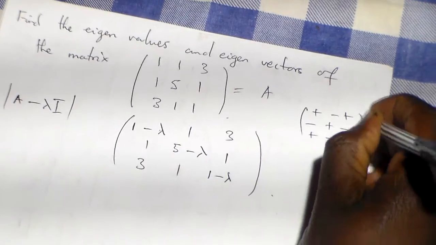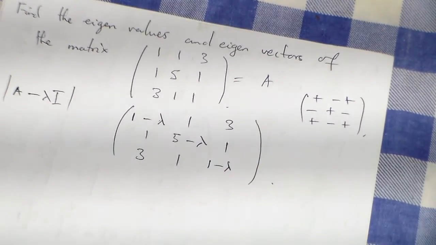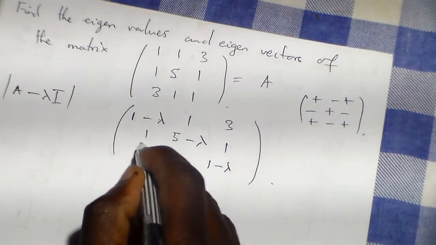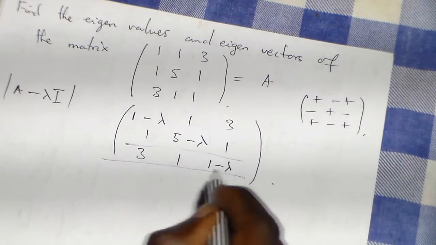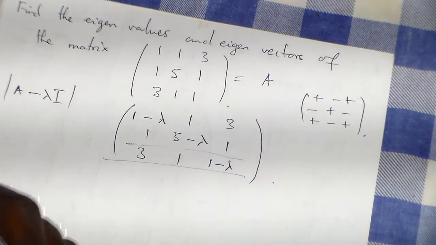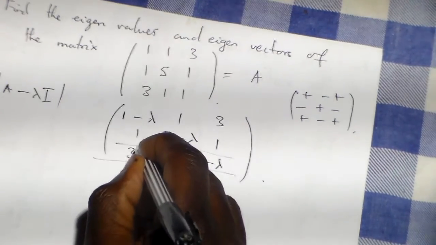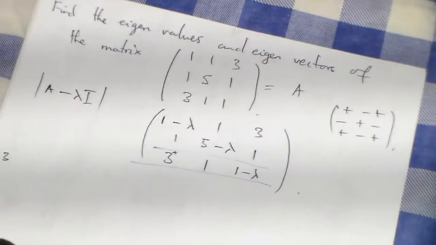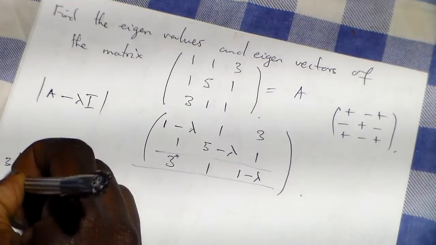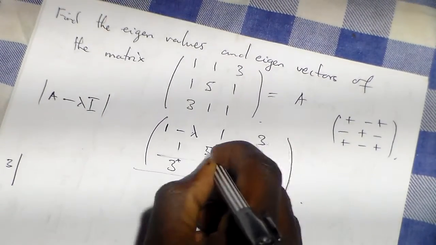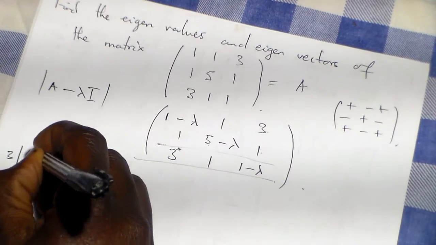signs on finding my determinant of a 3 by 3 matrix, and I'm going to take row number 3. Okay, so the minus of this first element of the matrix is 1 3, and the minor is 5 minus lambda and 1.